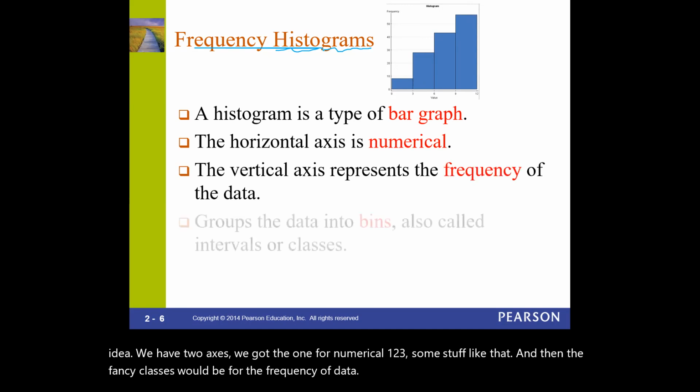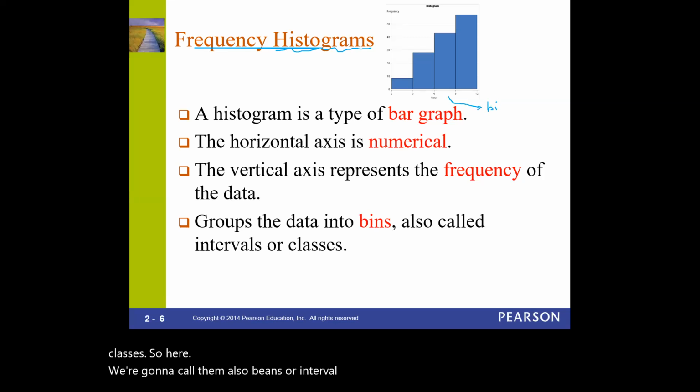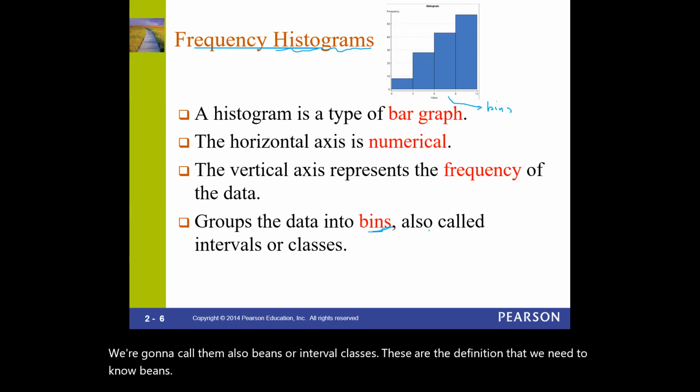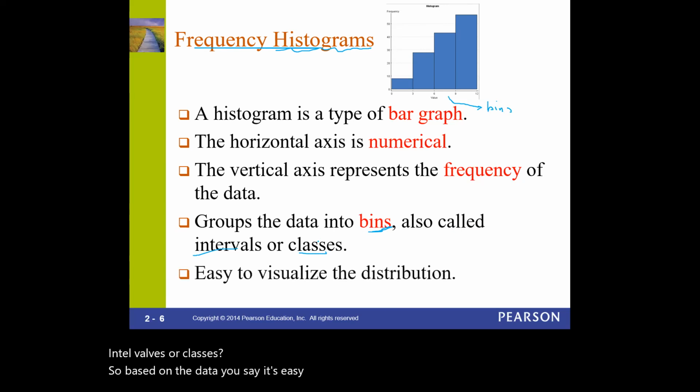And then what we do with the frequency table, it does group data into bins, also called intervals or classes. So here, we're going to call them bins, intervals, or classes. These are definitions that we need to know. Based on that, it's easy to visualize the distribution.